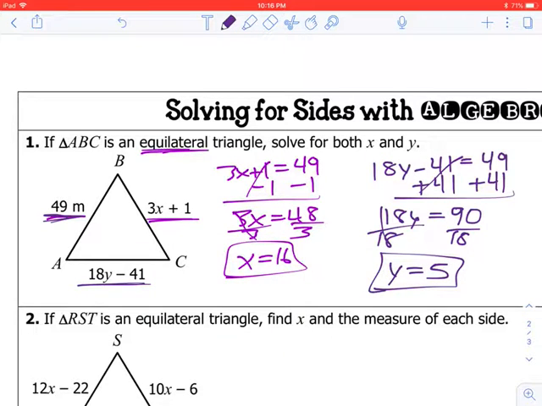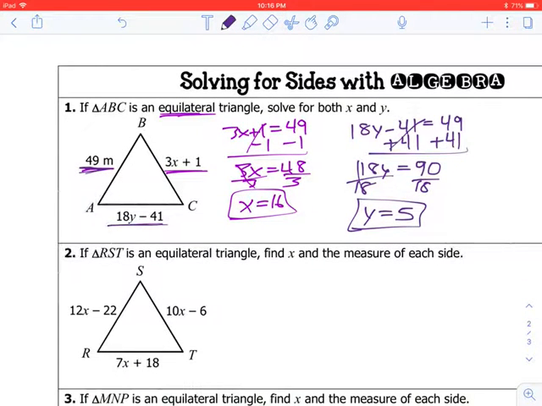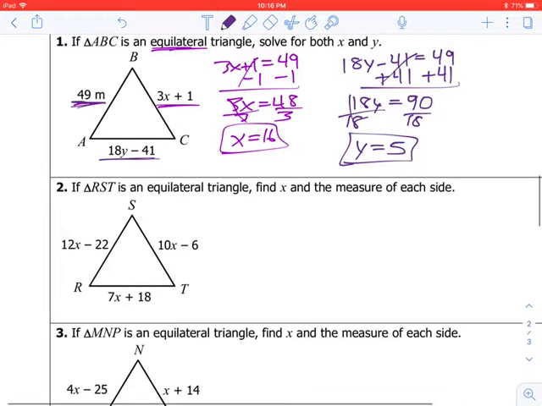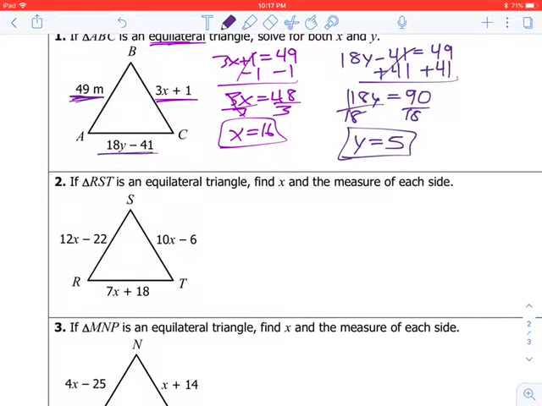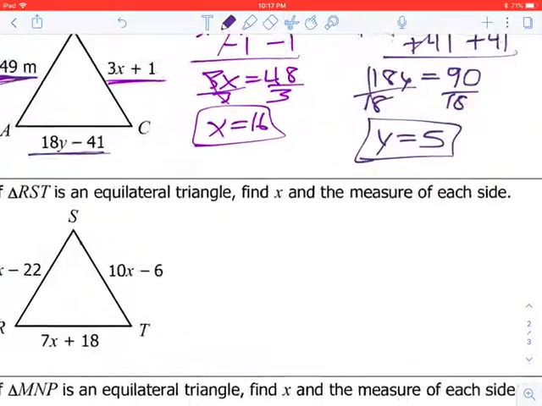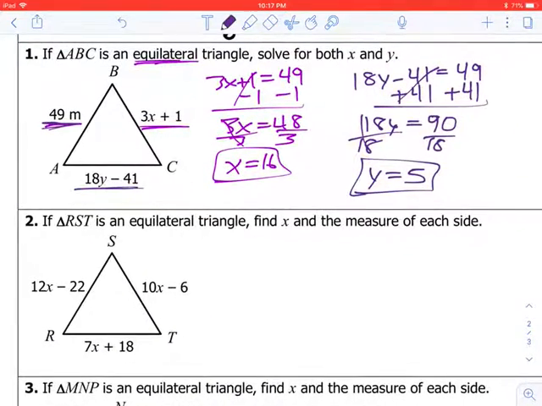Okay? And that's how we use what the information tells us in that case. All right, so in this case, we're doing the same thing, and then we'll move on. So they all are trying to find x. Well, again, I can't set them all equal to each other. I just got to pick 2. So 12x minus 22 equals 10x minus 6.